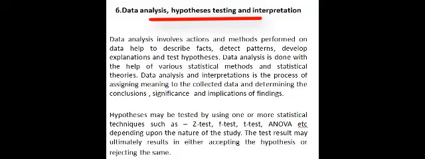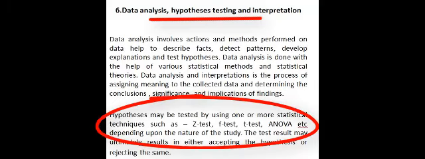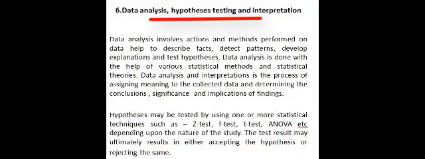Data analysis and interpretation is the process of assigning meaning to the collected data and determining the conclusions, significance, and implications of findings. Hypotheses may be tested by using one or more statistical techniques such as Z-test, F-test, T-test, ANOVA, etc., depending upon the nature of the study. The test result may ultimately result in either accepting the hypothesis or rejecting the same.